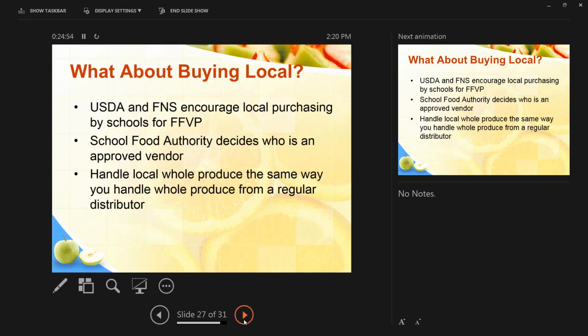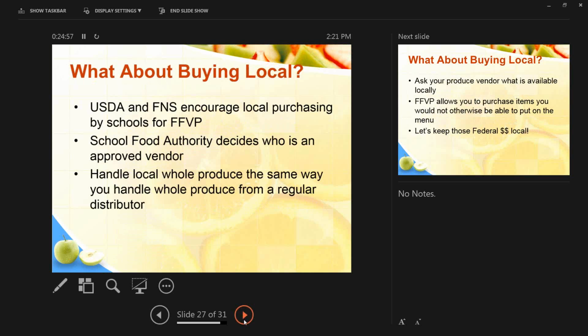So what about buying local? USDA and Food Nutrition Services encourage local purchasing of schools for the Fresh Fruit and Vegetable Program. And the School Food Authority is the one that decides who's an approved vendor. So we don't have a list that restricts you to using certain folks. You can use anybody that you deem an approved vendor that you consider to meet your particular criteria.